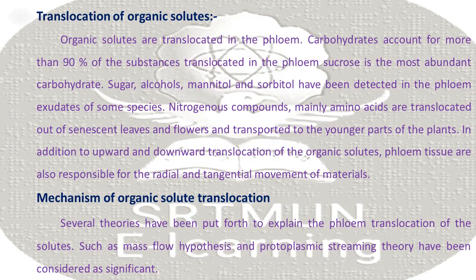Sucrose is the most abundant carbohydrate; sugar alcohols, maltose and sorbitol have been detected in the phloem exudate of some species. Nitrogenous compounds, mainly amino acids, are translocated out of senescent leaves and flowers and transported to the younger parts of the plant.